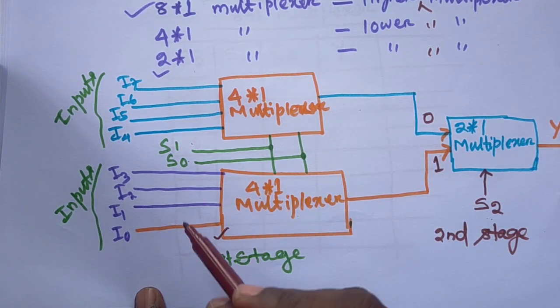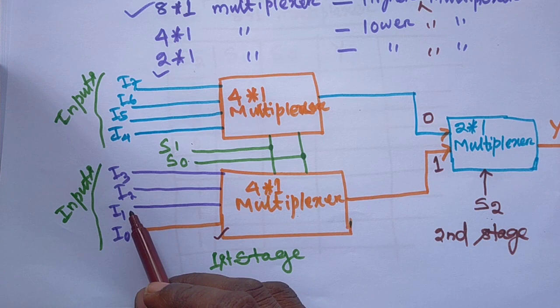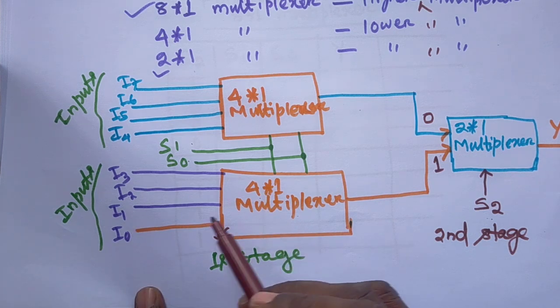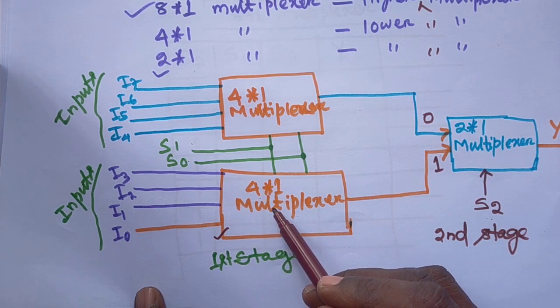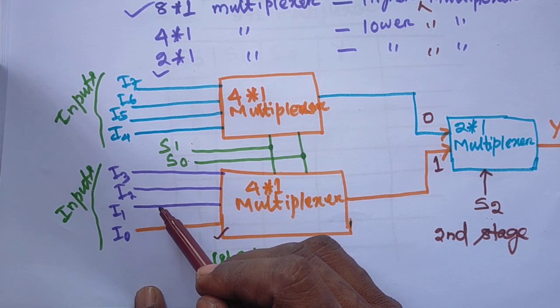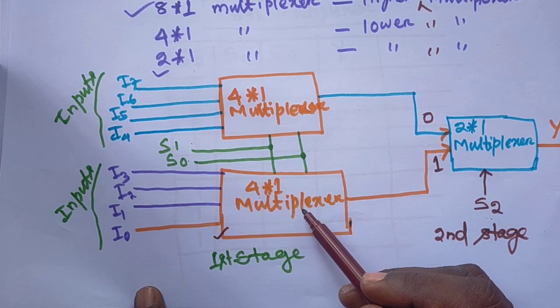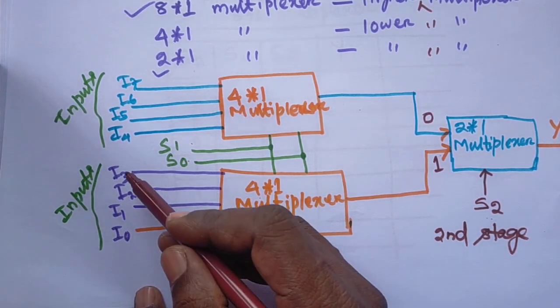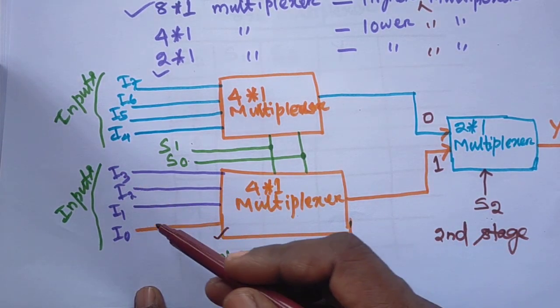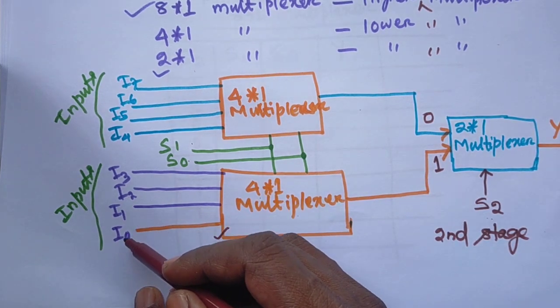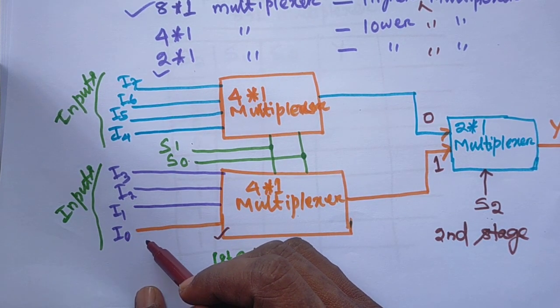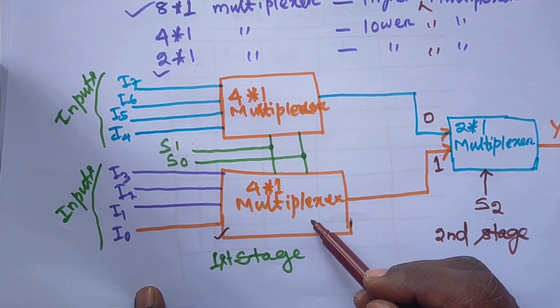Like this we have to design which of I0, I1, I2 or I3 is considered as the input to the corresponding multiplexer.